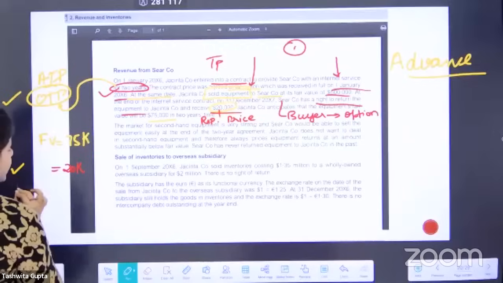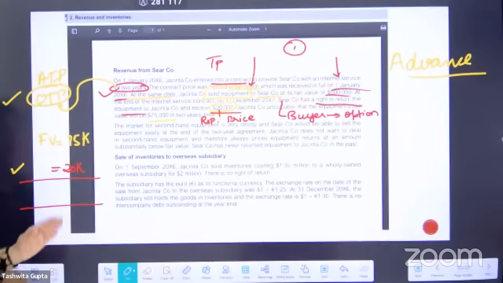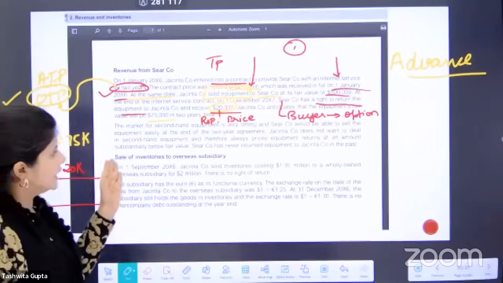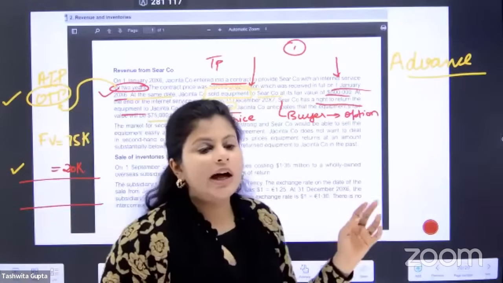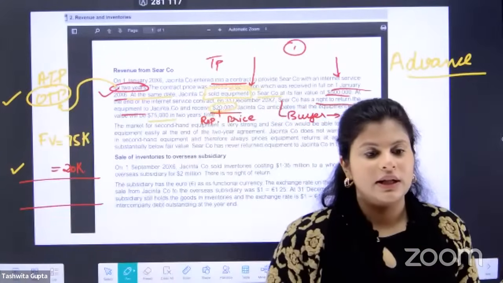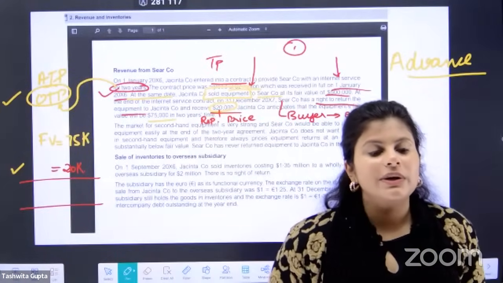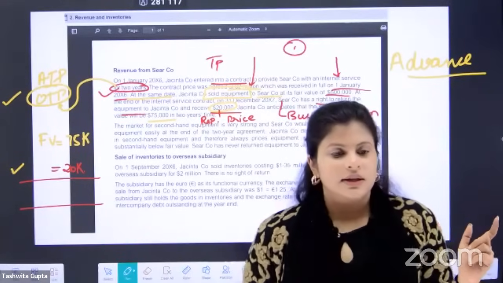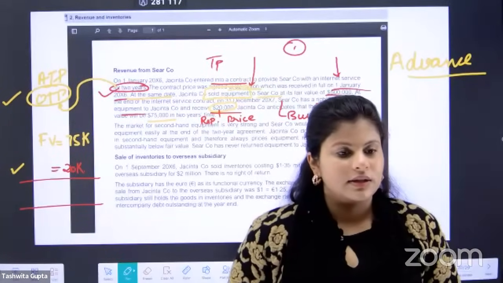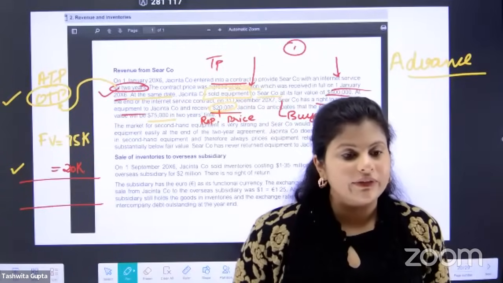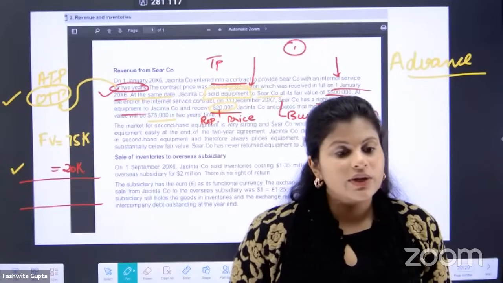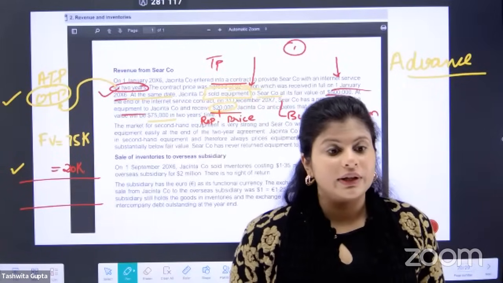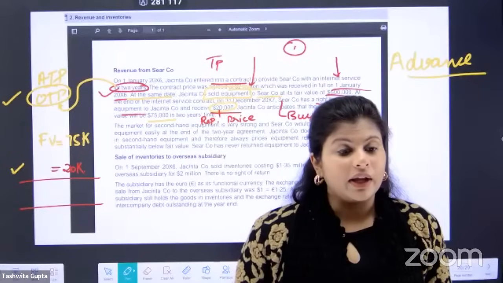Will you be interested to take it back? Something which is of 75,000, you will give 20,000 for it. Will you not take it back?